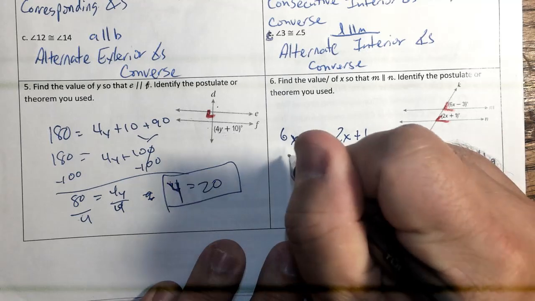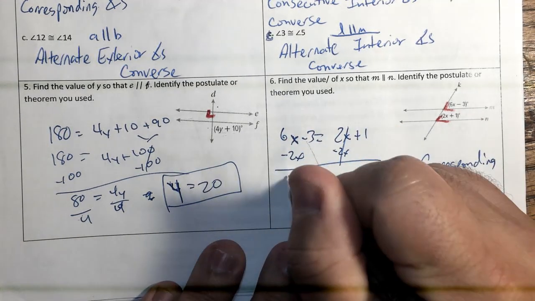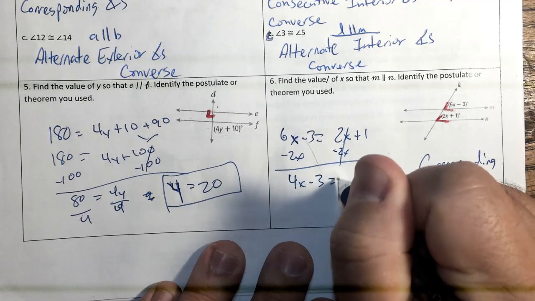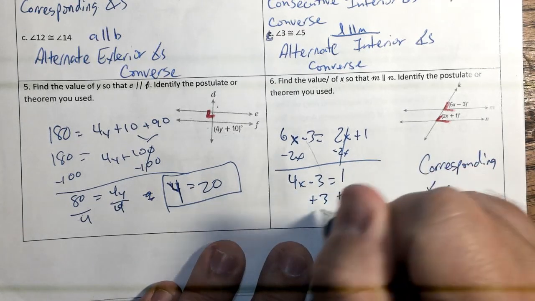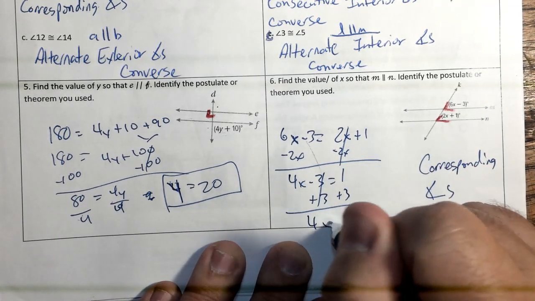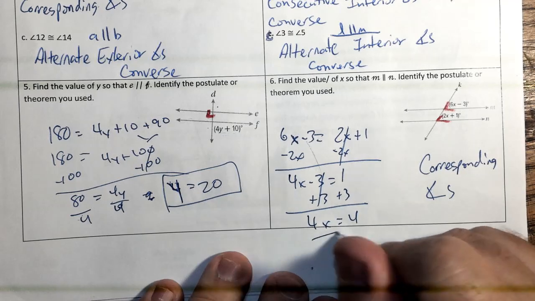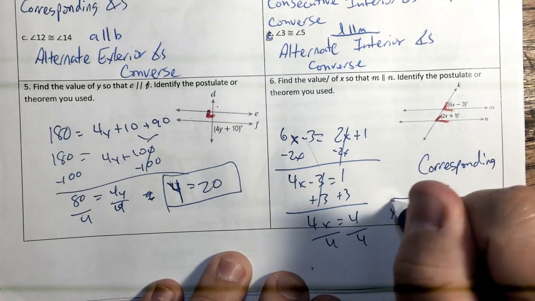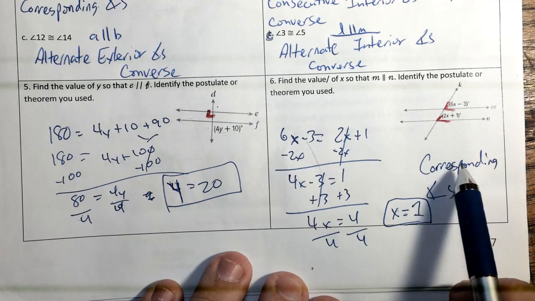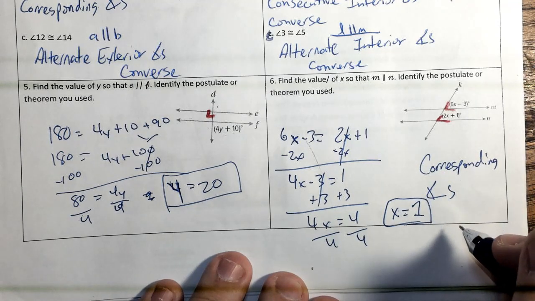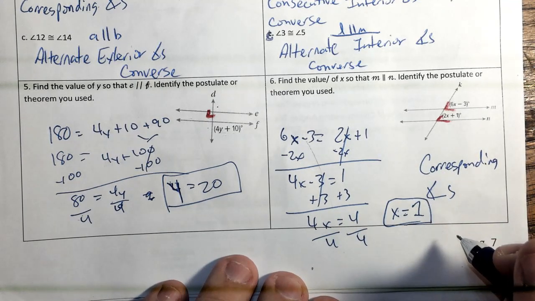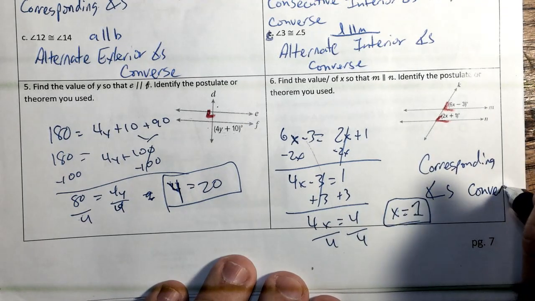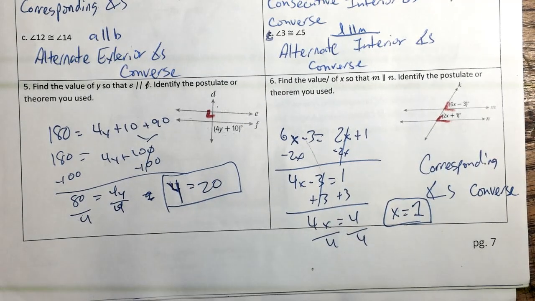So subtract the 2x from both sides. 6 minus 2 is 4x minus 3 equals 1. Add 3 to both sides. 4x equals 4. X is going to equal 1. And it's the corresponding angles. Oh yeah, to prove the converse, because we're trying to prove the lines with the angles.